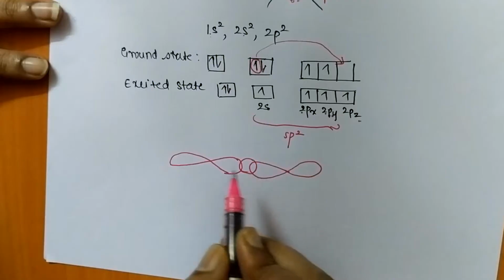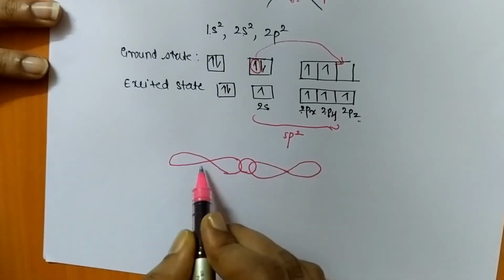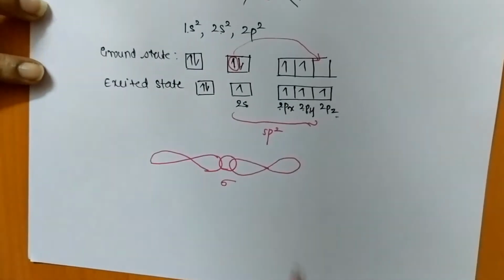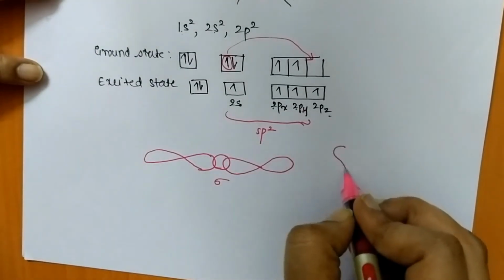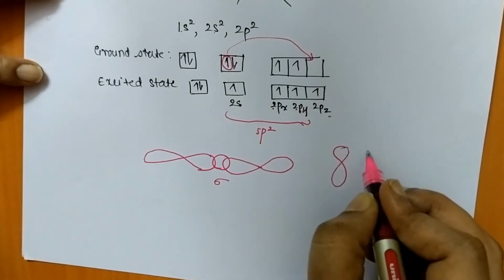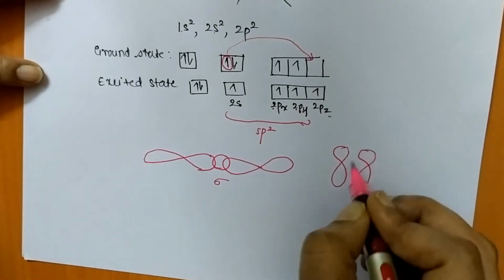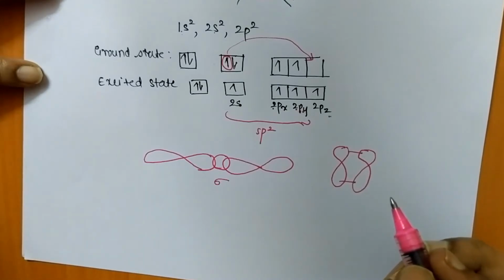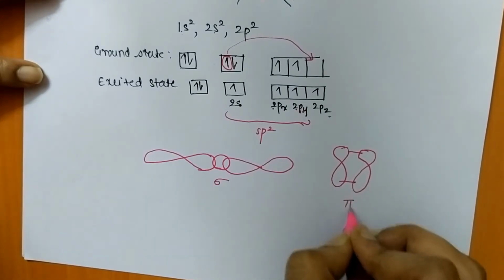So there is an axial overlap which leads to the formation of the sigma bond, while the 2pz orbitals of each of the carbon atoms come together by lateral overlap which ultimately leads to the formation of the pi bond.